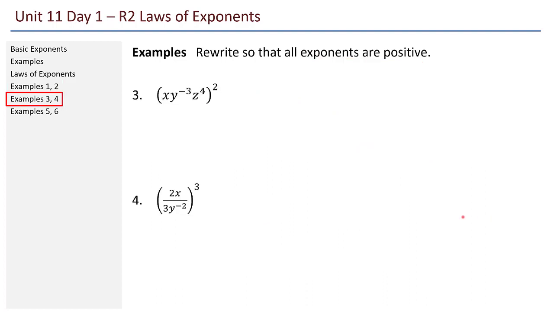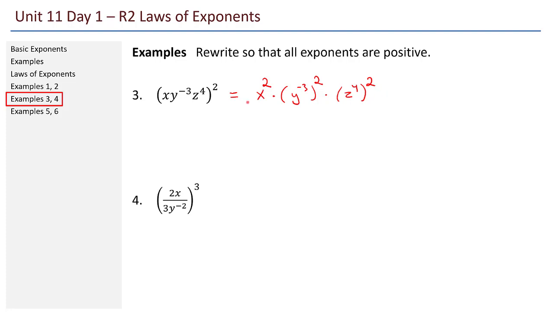A couple more examples. I can distribute that power of 2 across multiplication. Now, again, if this was addition in here, I couldn't do it, but since it's all multiplication, I can. And so it becomes x squared times y to the -3 squared times z to the 4th squared.